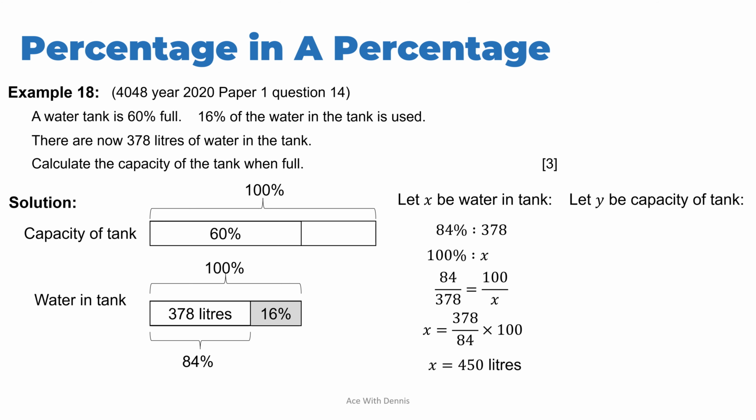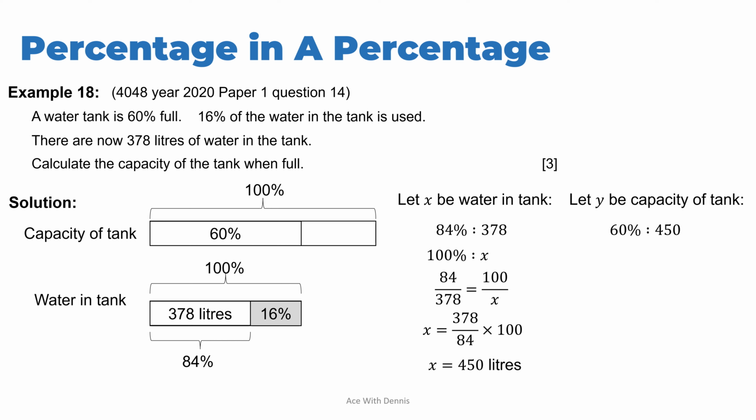Next, we let Y be the capacity of the tank. So the ratio is 60% is 450. Okay, do take note that the water in the tank now refers to the first bar model, 60% here.